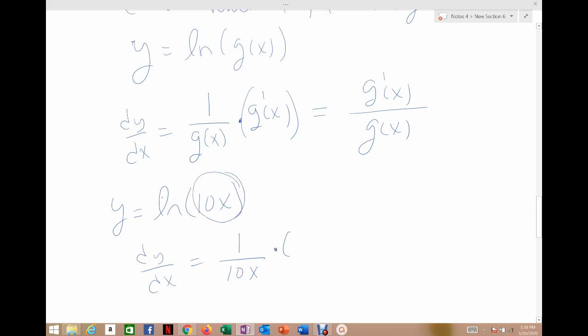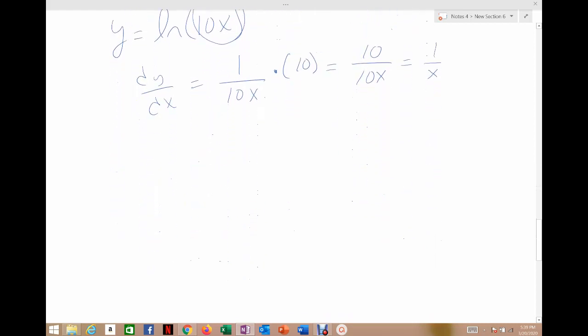The derivative of 10x is 10. If I rewrite that, it's 10 over 10x. The bottom function, 10x, is the inside. The top is the derivative. This reduces: 10 divided by 10 is 1, so it reduces to 1 over x. That will always happen if it's just a constant times x.